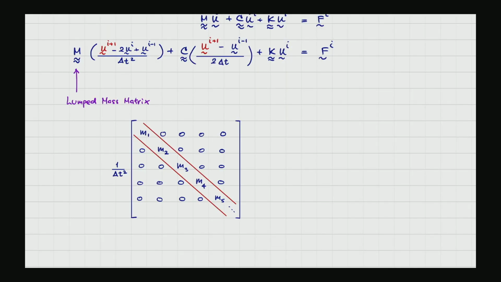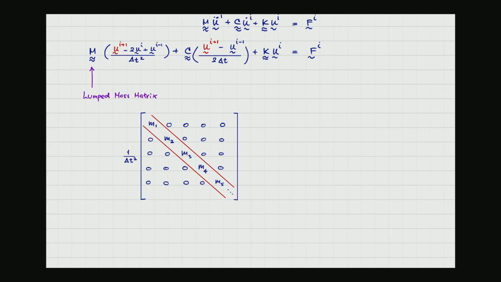Your mass matrix, 1 over delta t squared, is multiplied by the displacement. Pretty much like this.